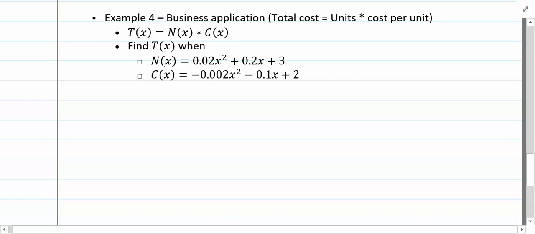Now, if we label that using function notation, we would say that total cost, T of x, is equal to whatever formula is necessary to determine the number of units that they build, and whatever formula is necessary to determine the cost per unit. Because if you think about it, the number of units that a company sells can go up or go down from week to week, whether they're at a busy time in their business or whether they're slow.